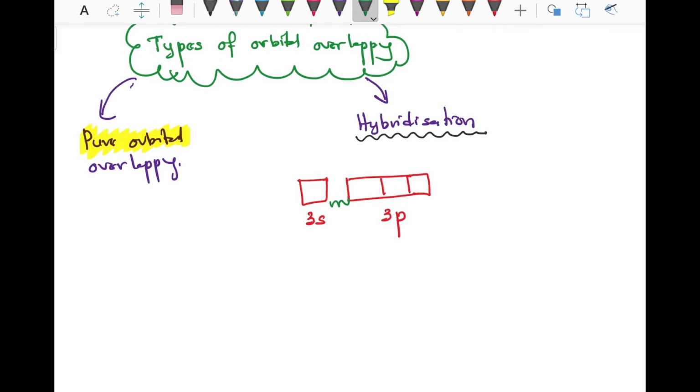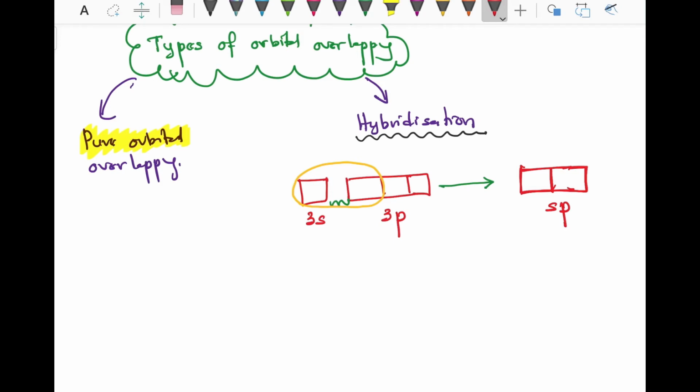So when it undergoes hybridization, there are three possibilities of hybridization product. For the first one, I only hybridize one s orbital and one of the p orbitals. The product is the sp orbital. If you can see, each box is on the same level because there is no gap between them. So we call this hybridization that produces sp orbitals.